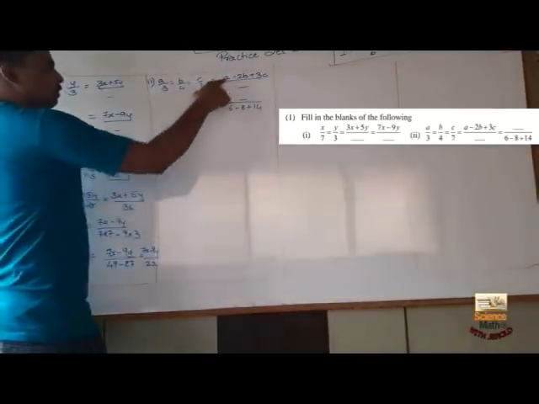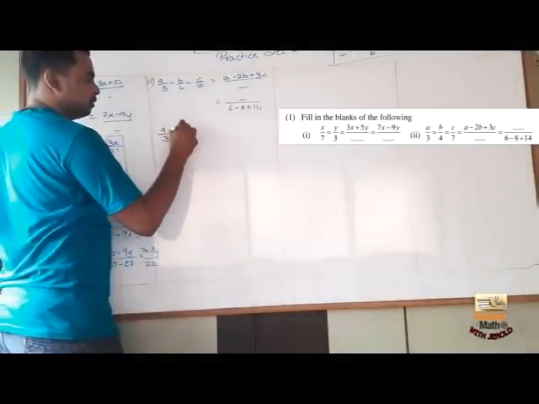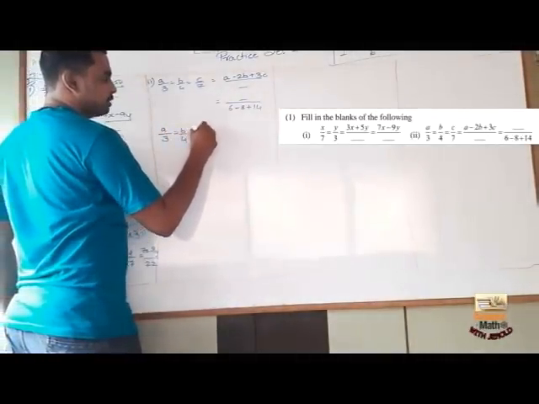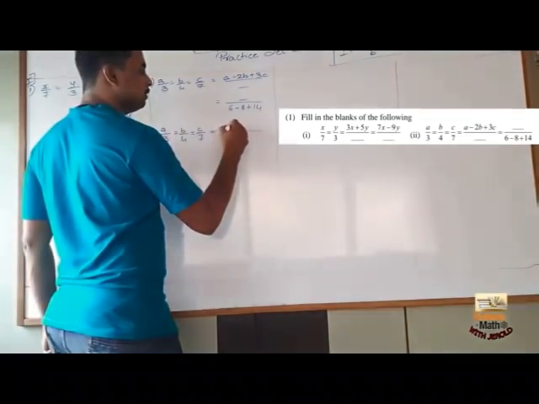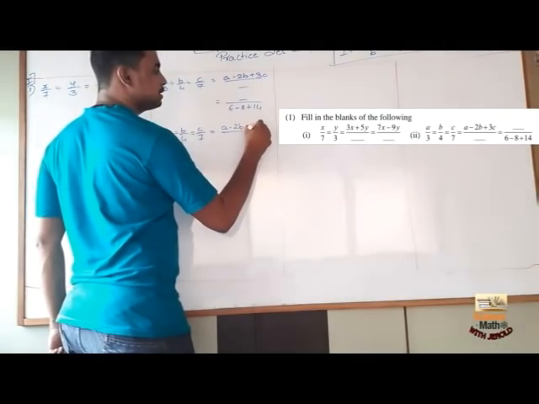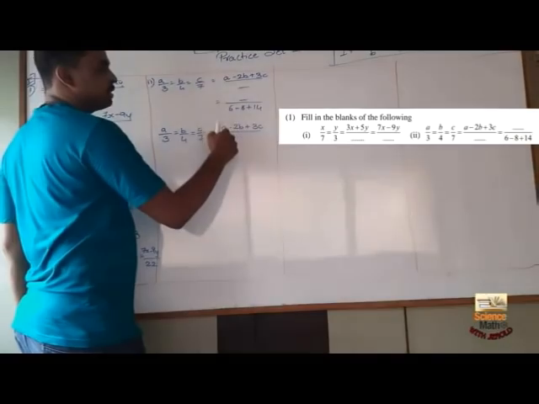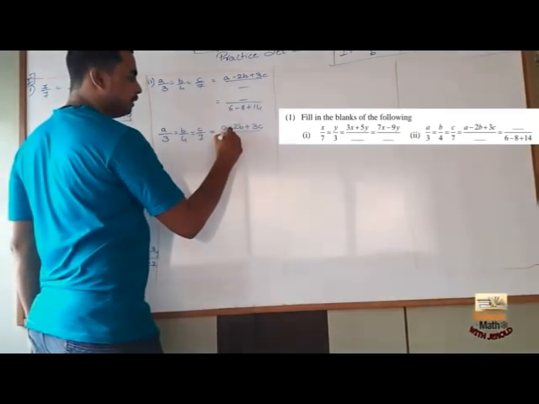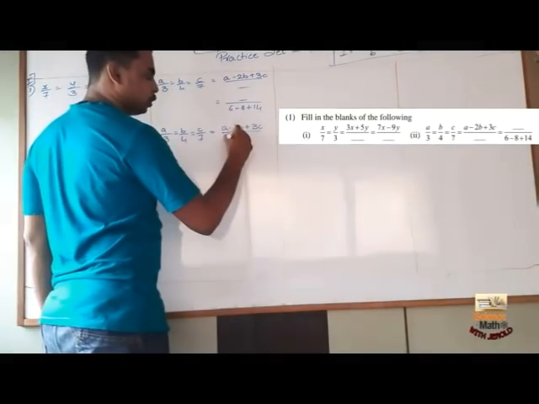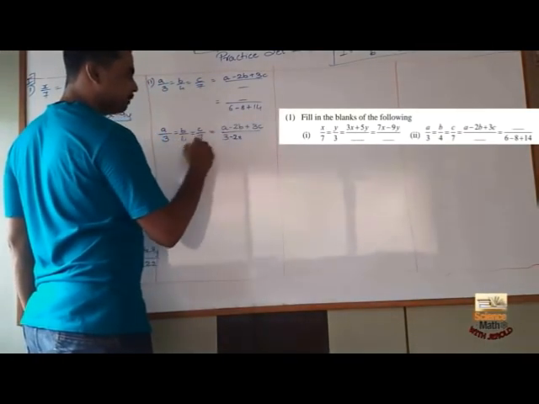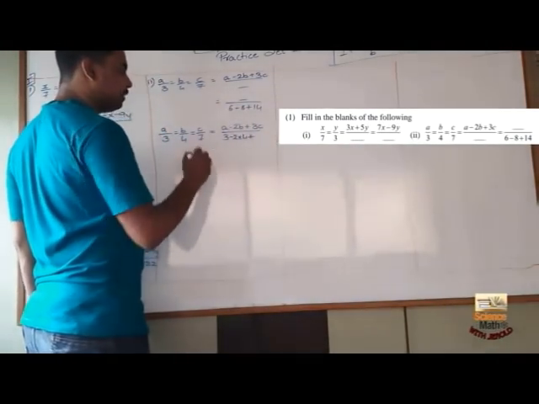So let us see. As you can see, a upon 3 is equal to b upon 4 is equal to c upon 7, and my numerator is a minus 2b plus 3c. It gets very simple: just write what numbers are given below the variables. So a has the number 3. The sign should be the same. Minus 2 multiplied by b, which has the number 4. Plus, the sign will remain the same.